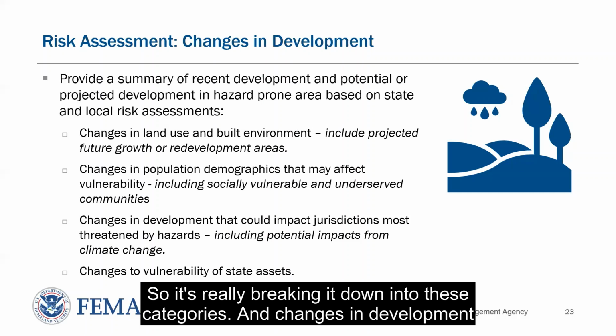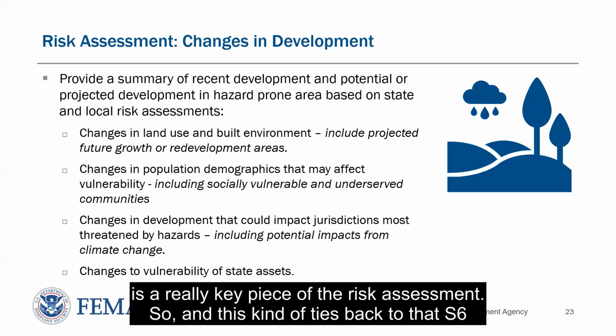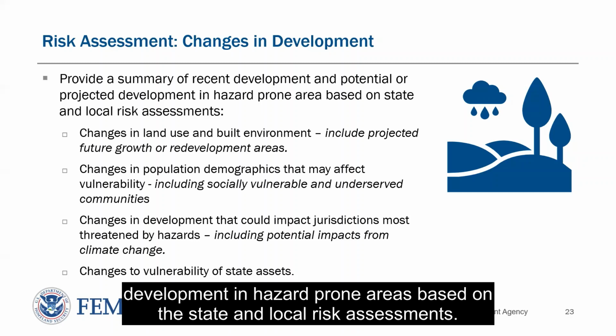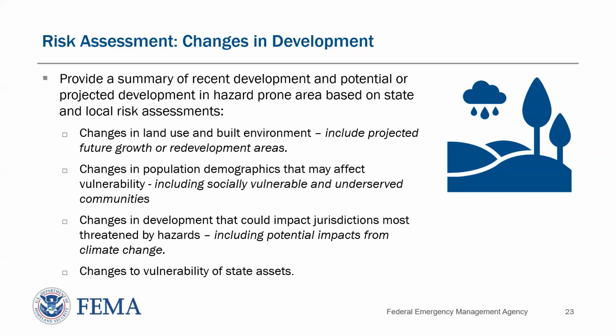And changes in development is a really key piece of the risk assessment. And this kind of ties back to that S6 section. So providing a summary of recent development and potential or projected development in hazard-prone areas based on the state and local risk assessments.